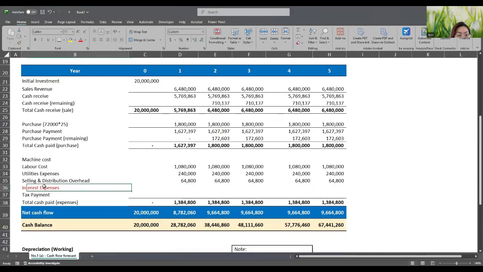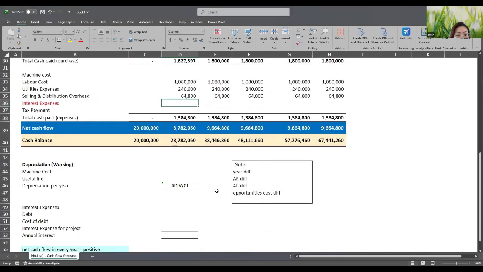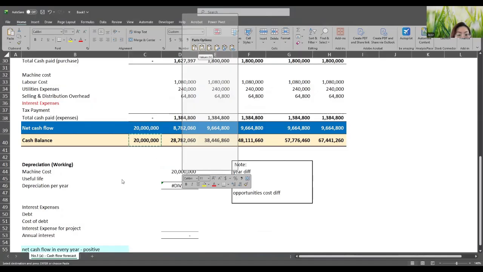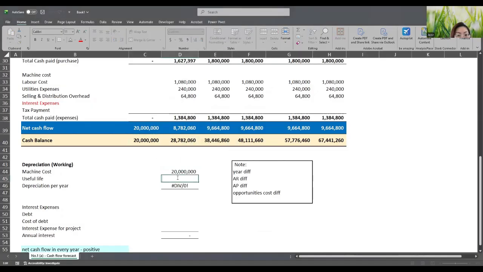Okay, we need to know the interest expenses. On the question, we know the machine cost is 20 million and the useful life is 10 years.